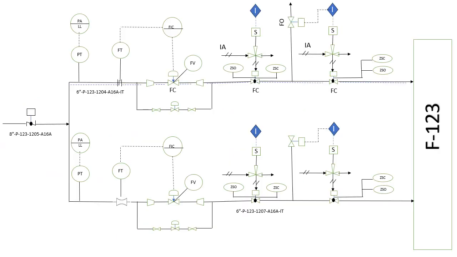Here you can see the P&ID of the same furnace, the same particular portion, and it is much more detailed, right? Here you can see there are two different lines going to this furnace.